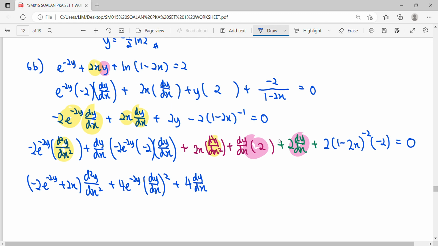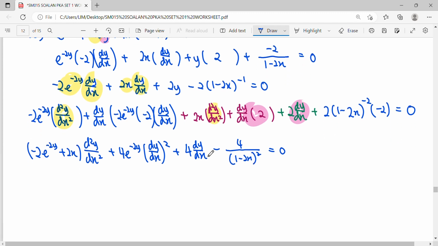Lastly, this one we put back in fraction form. So negative 2, negative 4. Then we can notice that our equation can be simplified by dividing by 2. When we divide by 2, we rearrange here x minus e^(-2y), exactly like the question. Then when this one is divided by 2, we also get exactly like the question.